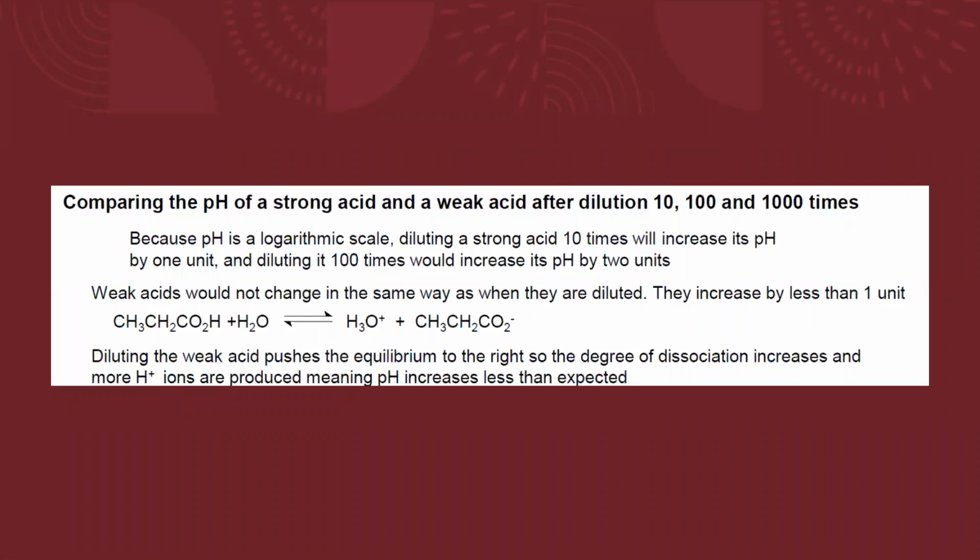When we compare the pH of a strong acid and a weak acid after dilution 10 times, 100 times or 1000 times: for strong acids and strong alkalis, the pH will have a greater change because, as we know, pH is on a logarithmic scale. pH is equal to minus log of the hydrogen ion concentration.